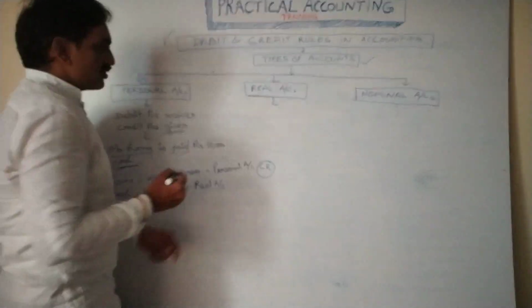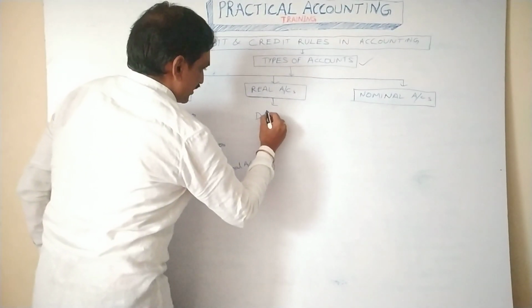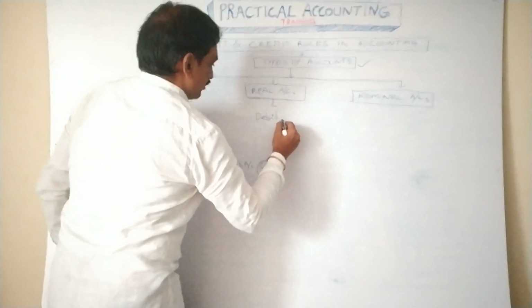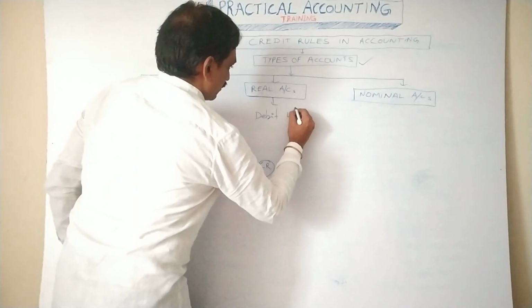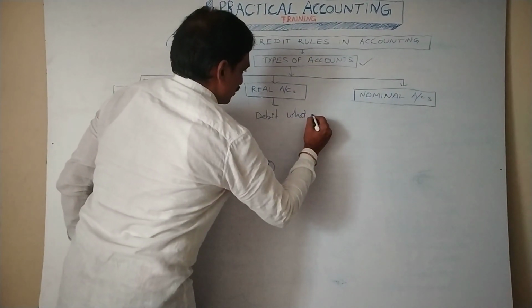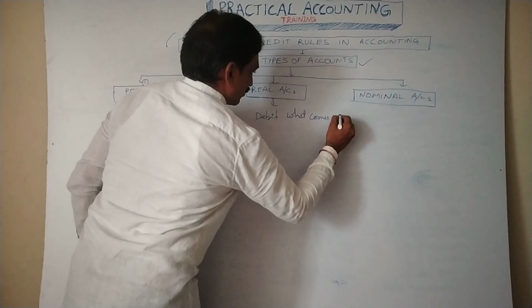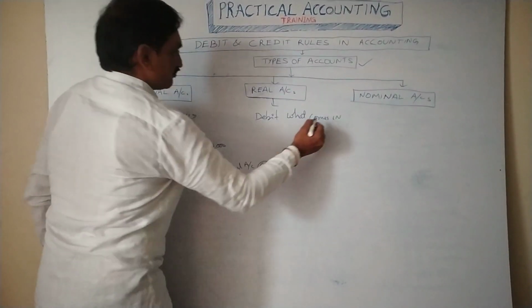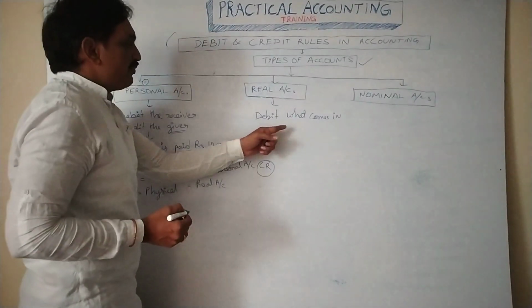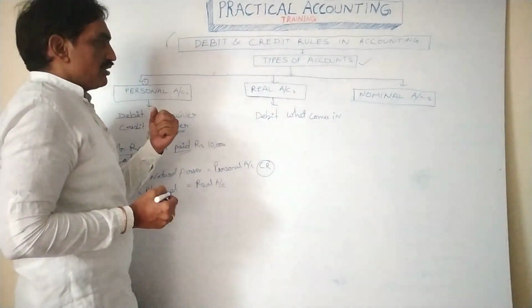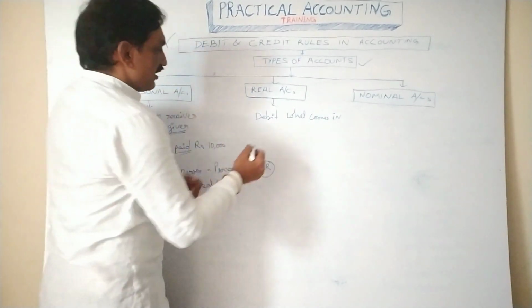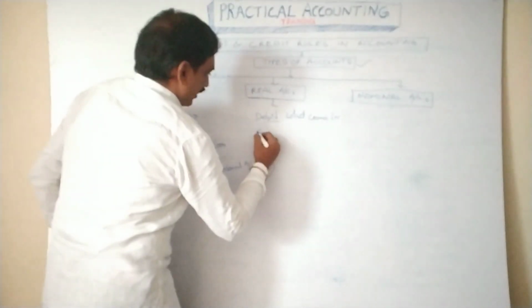For real accounts: debit what comes in. What is coming into the business is debited.